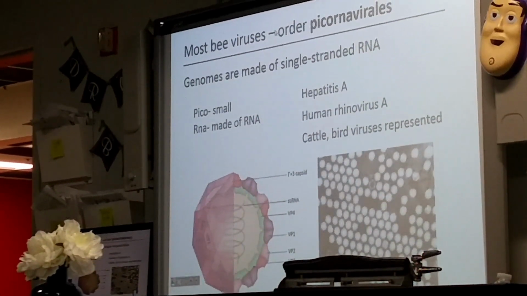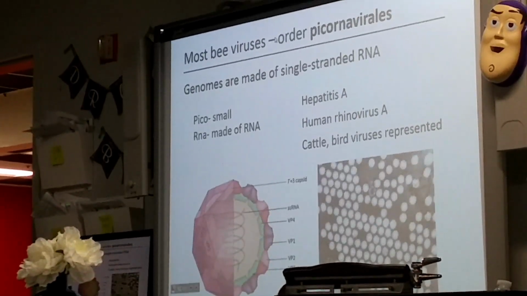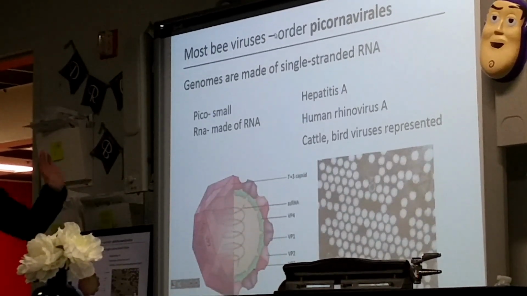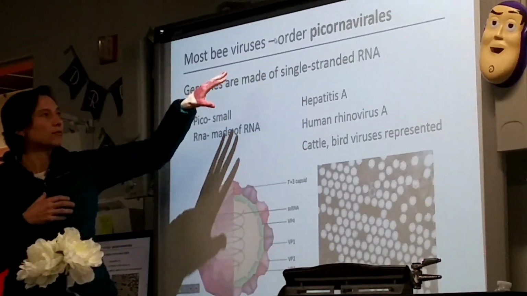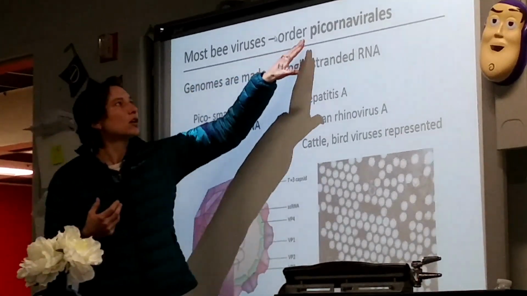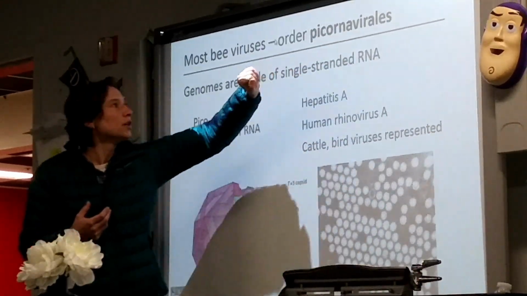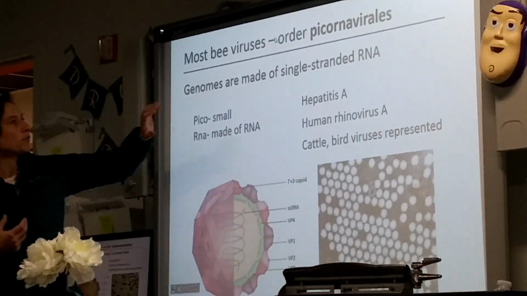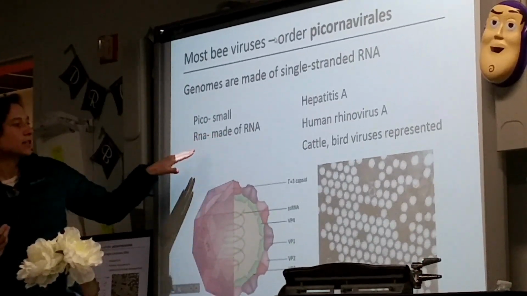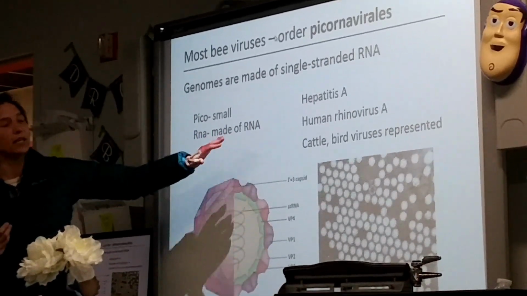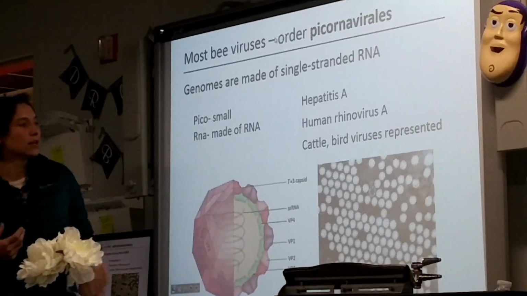Okay, so just to give you a little bit of a virus survey, most bee viruses fall into a particular family or group of viruses called Picornavirales. This is a weird word, but if you break it down, all it means is pico, small, and this virus's genome is not made of DNA, it's made of its cousin, RNA.